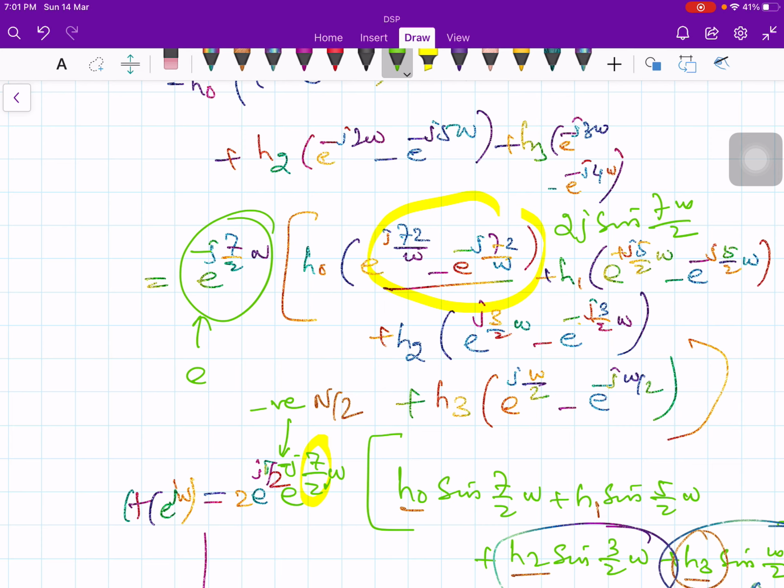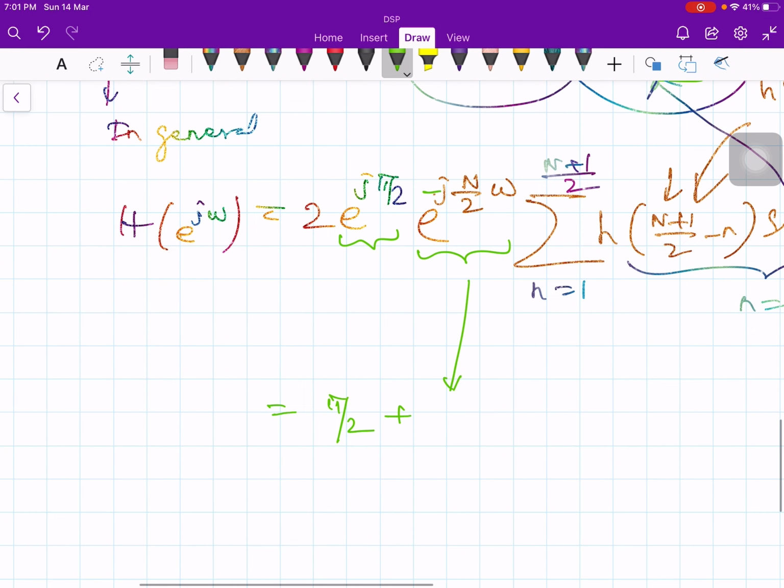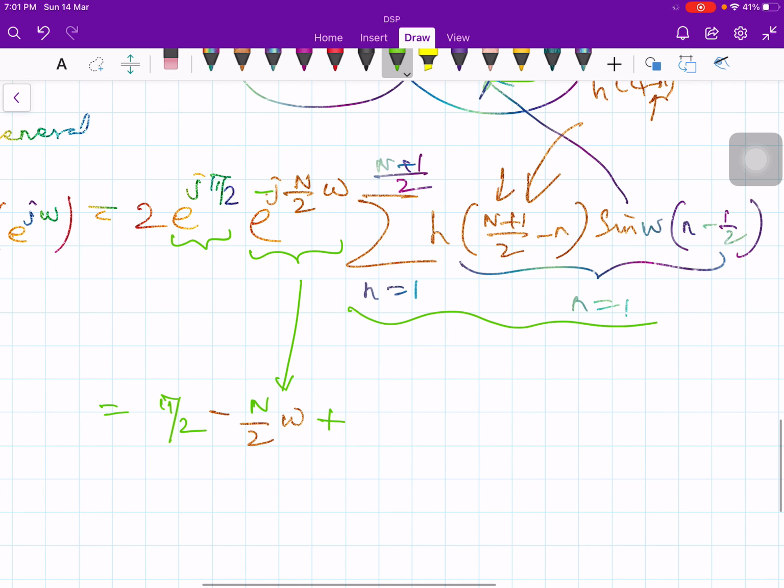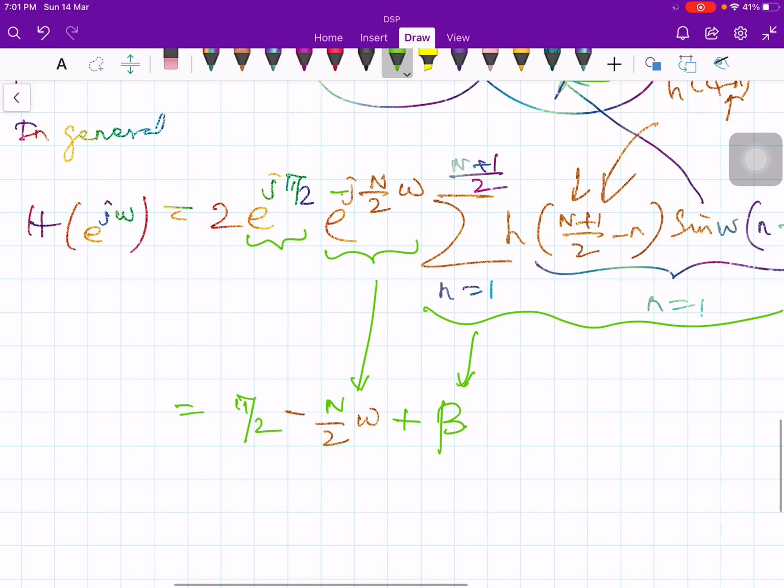So there is a minus symbol, and because of that it is going to be minus capital N by 2 omega plus, because of the pseudo magnitude you are getting some phase, that is going to be beta, and this is phi. Okay, phase shift.